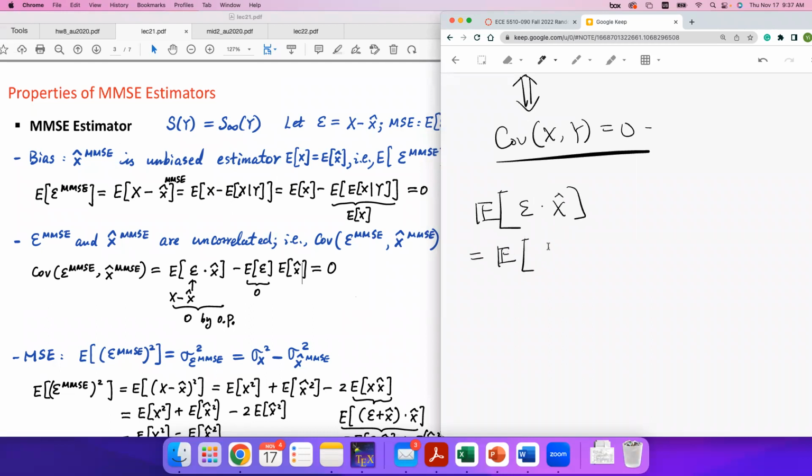But epsilon is defined as the error signal, right? So x minus x hat is this random variable. Now x hat is your estimator. And by the orthogonality principle, this has to be 0, right?